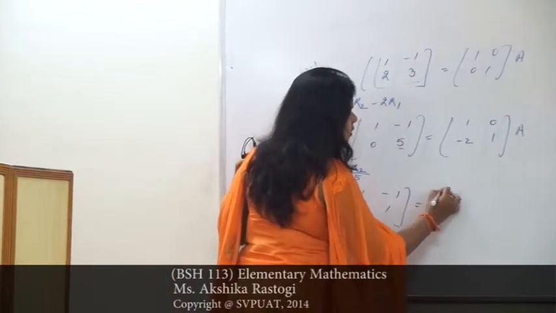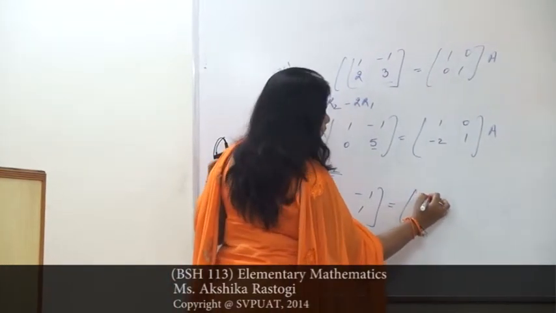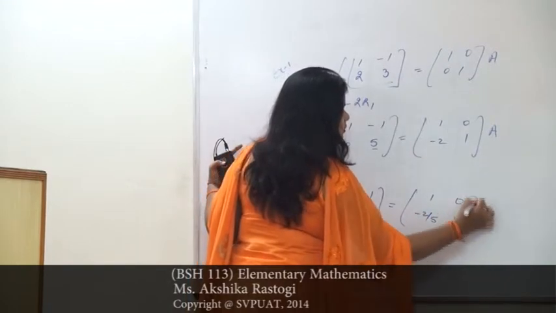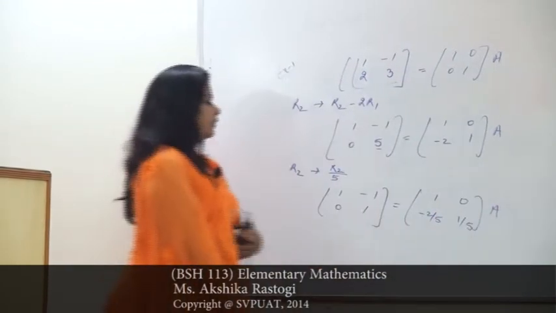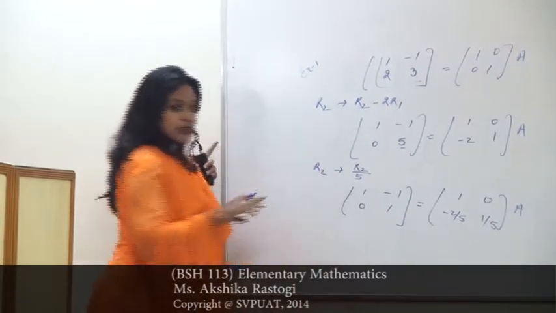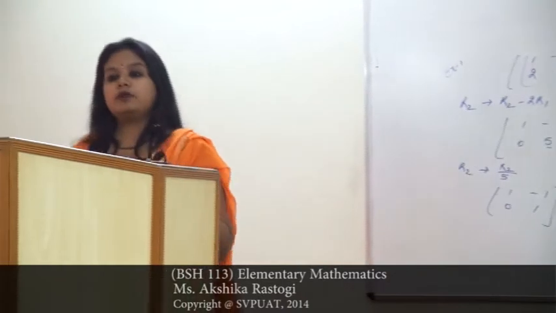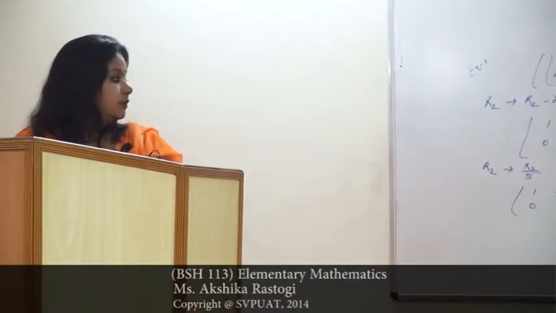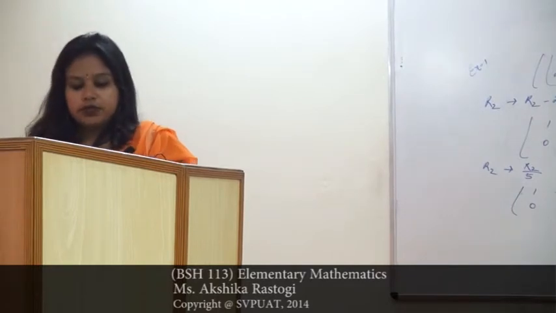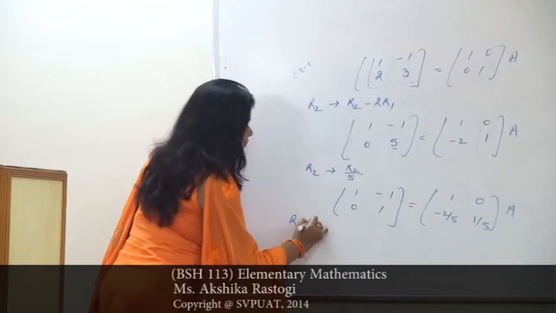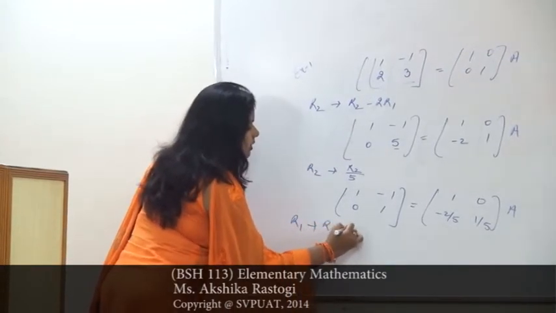The same transformation we apply on the right hand side, giving 1, 0, minus 2 by 5 and 1 by 5. Finally we have to make minus 1 as 0 for the complete identity matrix, so our next transformation is R1 becomes R1 plus R2.